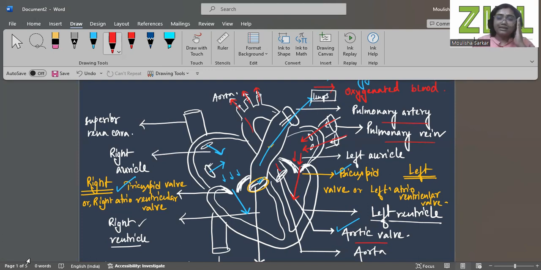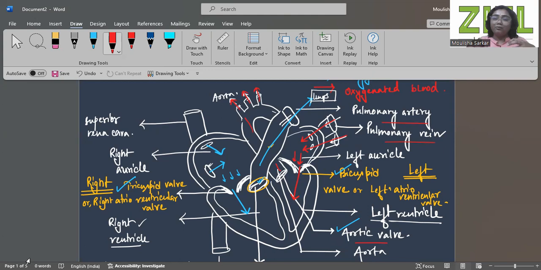Now, one thing I want to let you know is that the circulation in the right part and the left part of the heart is happening simultaneously. When the right auricle is getting filled with deoxygenated blood, at the same time the left auricle is getting filled with oxygenated blood.